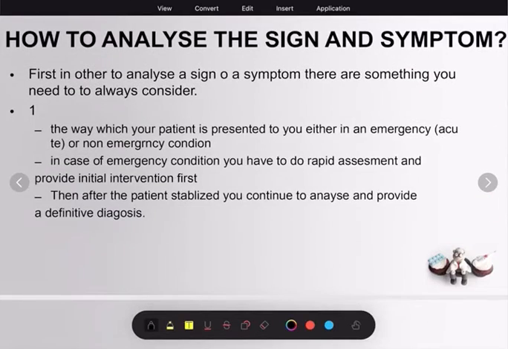How to analyze signs and symptoms? First, in order to analyze signs or symptoms, there are things you always need to consider. One, the way your patient is presented to you, either in an emergency or non-emergency condition. In case of an emergency, you have to do a rapid assessment and provide initial intervention first. Then, after the patient stabilizes, you continue to analyze and provide a definitive diagnosis.